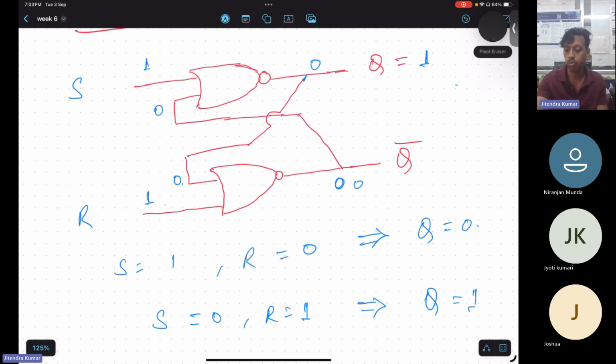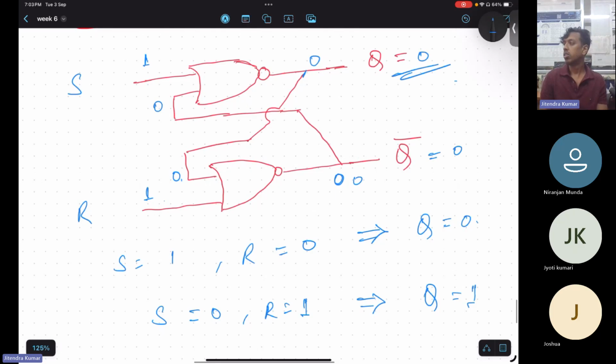Q and Q bar both will be 0. So that could not happen. We do not want any such output in which the complement of the output should also be 0, and they are going to be always 0. That is why it is not allowed. I hope you understand, because NOR of anything with 1 is going to give you 0. Again, NOR of this NOR gate will again provide 0. So it will be always 0. Both of them will always be 0. So there is no use of such inputs.